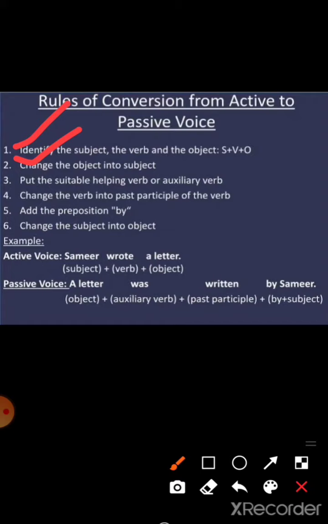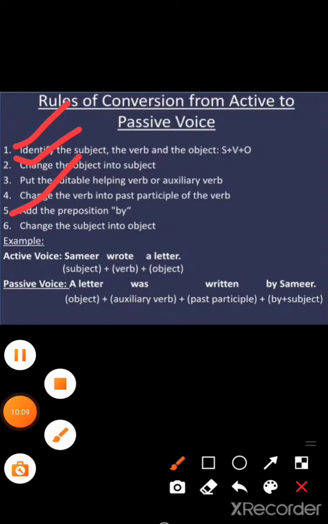You need to understand what auxiliary verb will be suitable for that sentence. Then you have to put the auxiliary verb. Then for the main verb, you have to change it to the past participle form of the main verb. After that, you have to add the preposition by before the object. So in this way you can change a sentence from active voice to the passive voice.